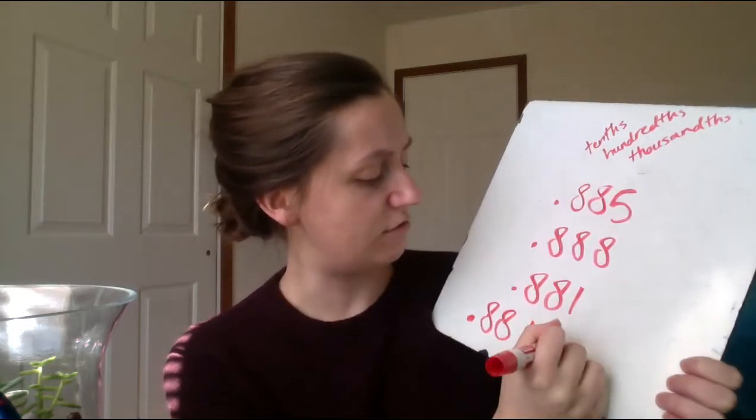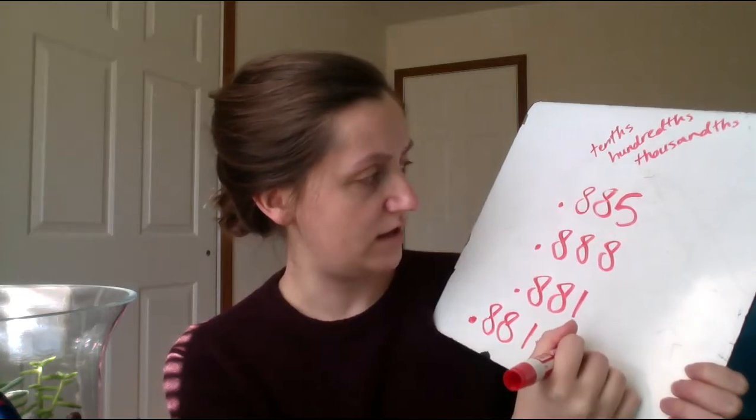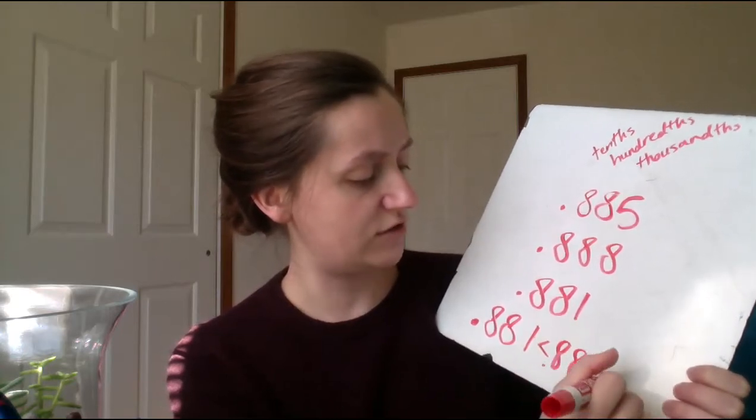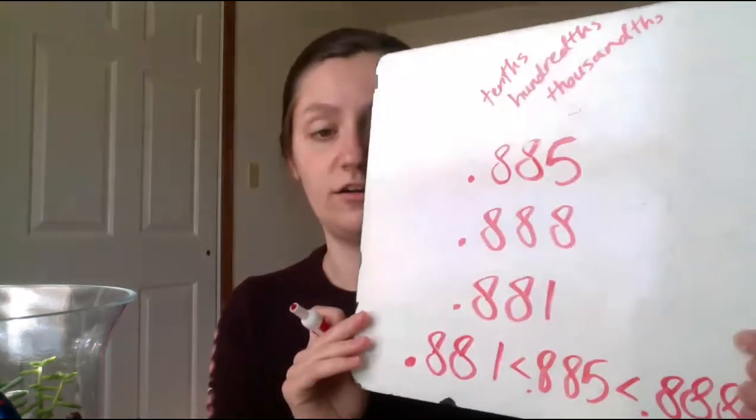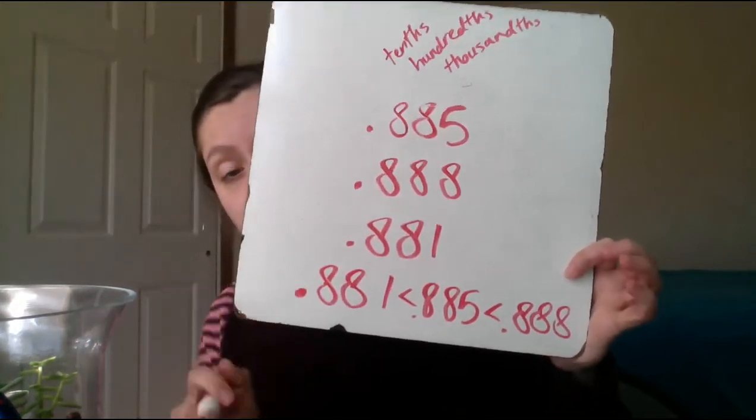Next, we have 5, right? So I know that 0.885 has to be the next number, and my largest number has to be 0.888 or 888 thousandths. Okay, so then you're going to go back to your packet and you're going to show that in the answer spot there.